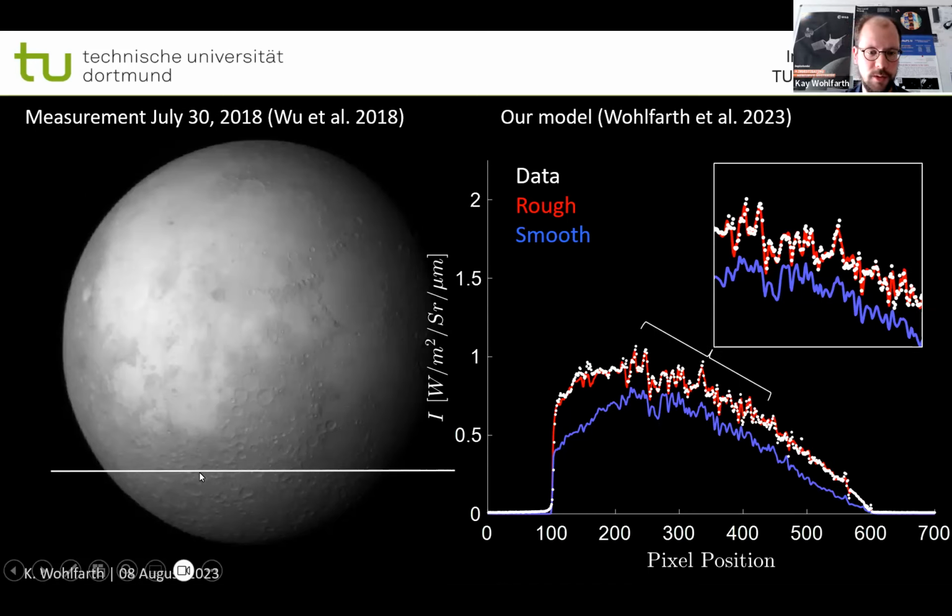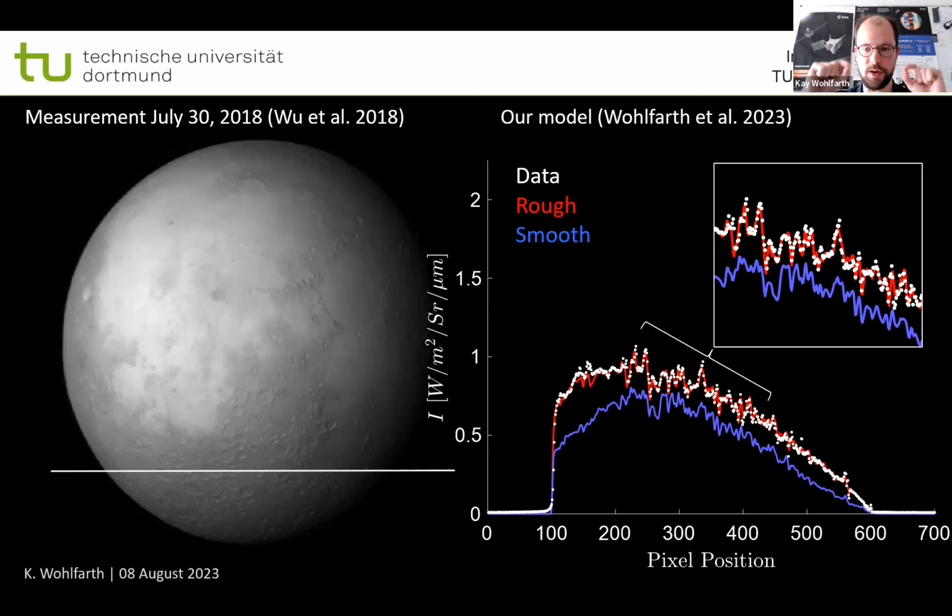The spikes come from all these small craters, and I included the DTM of the lunar surface to model these effects. What I'd like to highlight is that moving from the smooth model to the rough model and fitting the data requires just one parameter, the average roughness, which turns out to be close to 23 degrees.